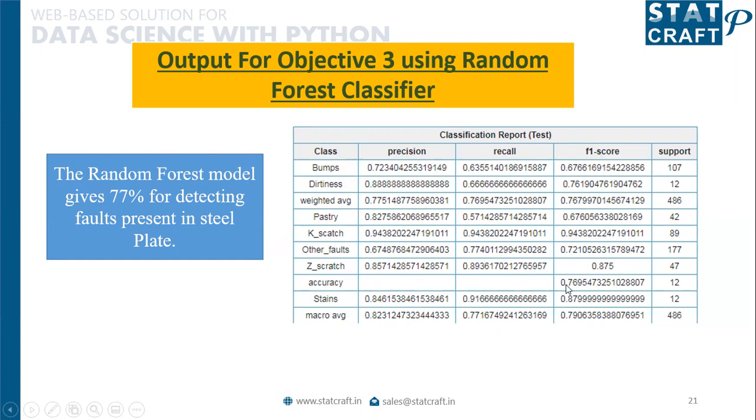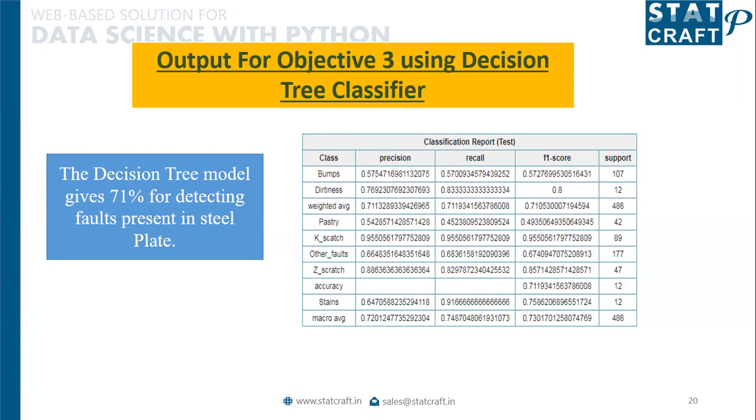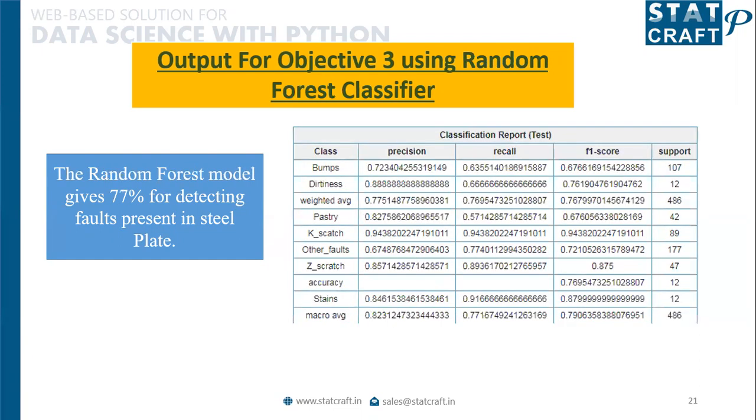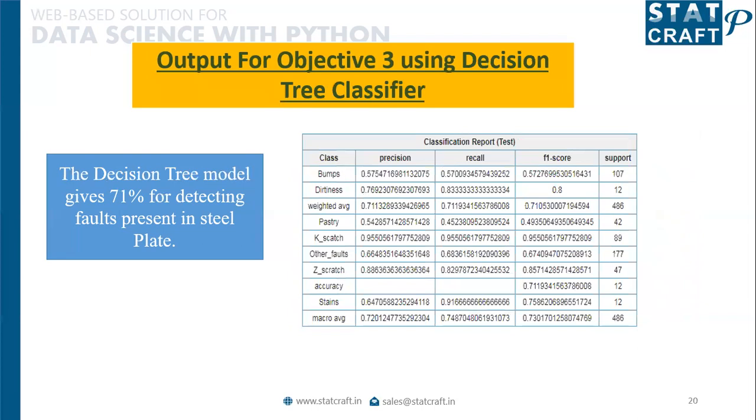And the overall accuracy is also being shown as 76%, which is quite good. The number 71% in the training data set and 76% in the test data set tells us that this model that we have built is generalizable, right? So this is the output that we see for decision tree.